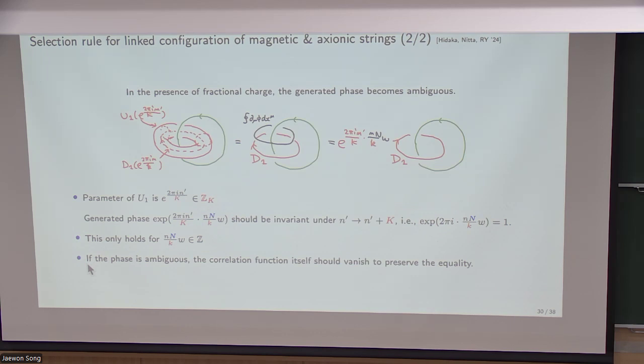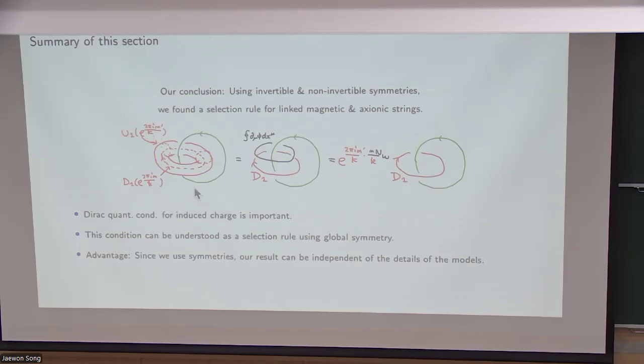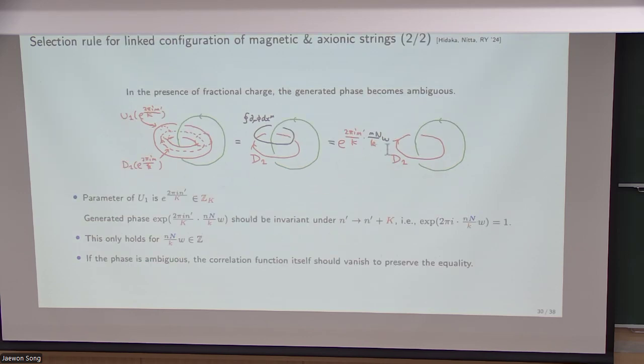If the generated phase is ambiguous, the correlation function itself should vanish to preserve the equality between this and this. So the correlation function vanishes if this constraint is not satisfied.